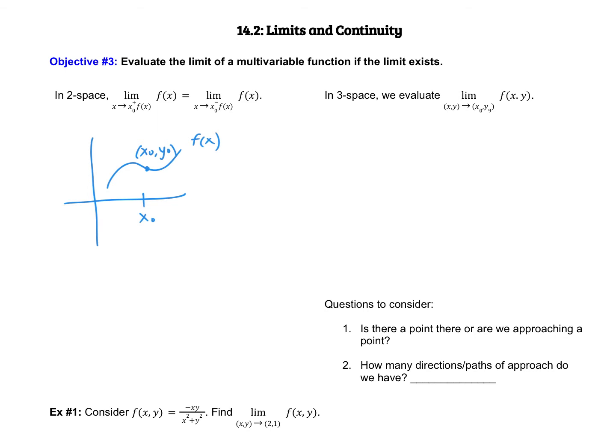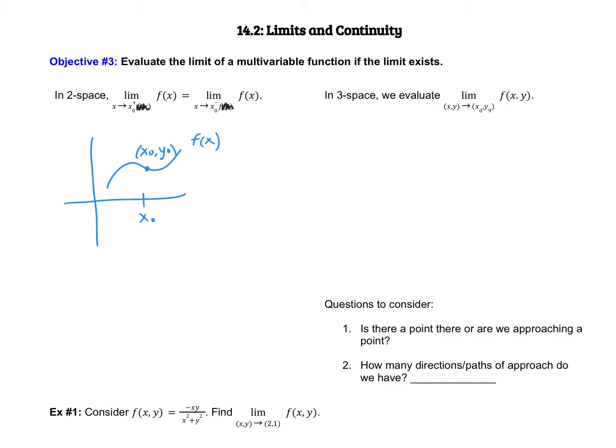Our notation is saying that the limit as x approaches some value from the right, and that f of x actually should not be there, of the function, needs to equal the limit as x approaches that value from the left. That's in order for the limit to exist. So the limit from the right and the limit from the left need to be the same in order for the limit at that point to exist.